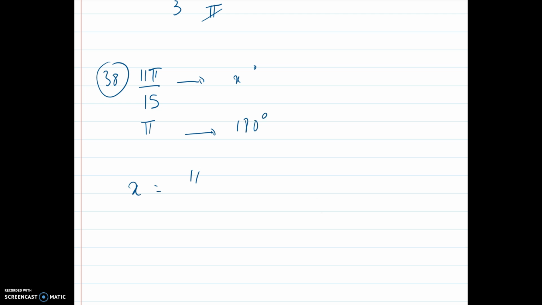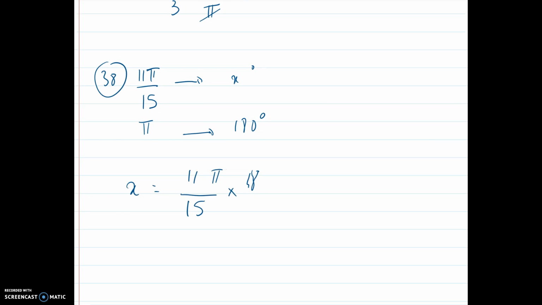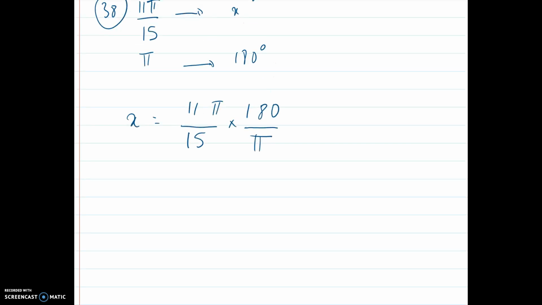Therefore, x equals 11 pi over 15 multiplied by 180 degree divided by pi. We'll do a diagonal and divide by the last one.